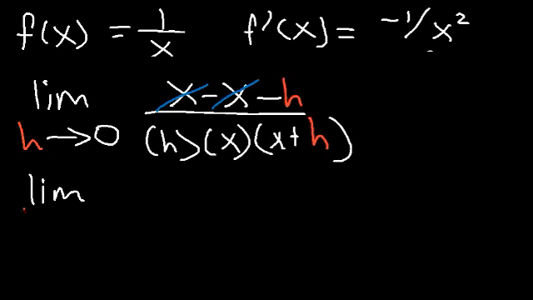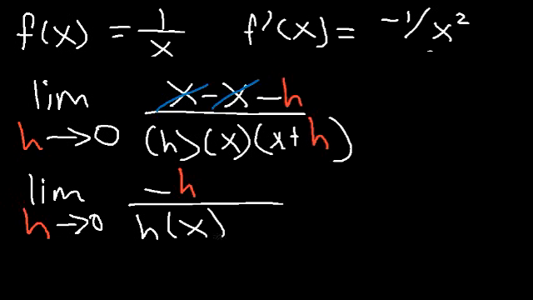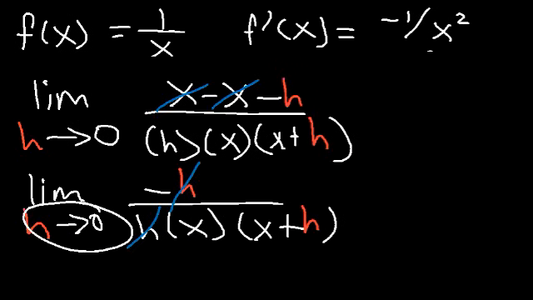So what we now have is the limit as h approaches 0, negative h on top, and on the bottom, h, x, and x plus h. So we can cancel h at this point. Once we cancel that h in the bottom, now we can replace h with 0.